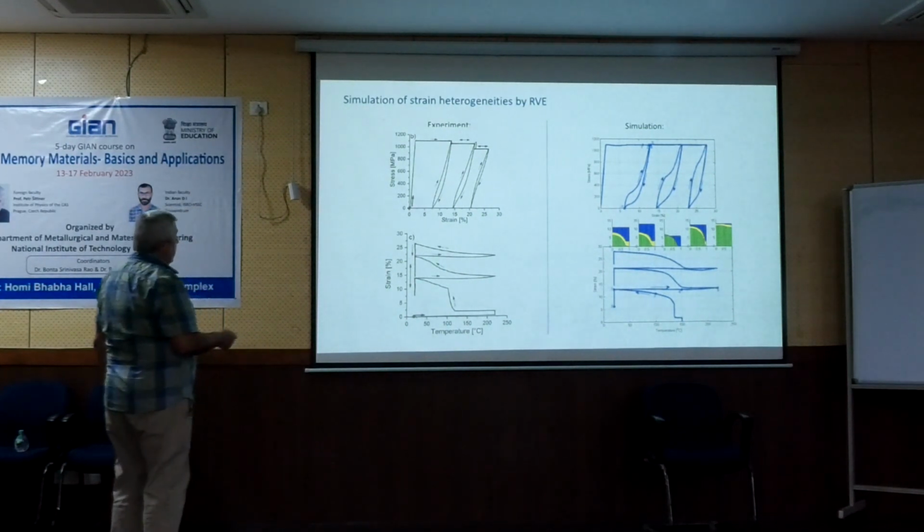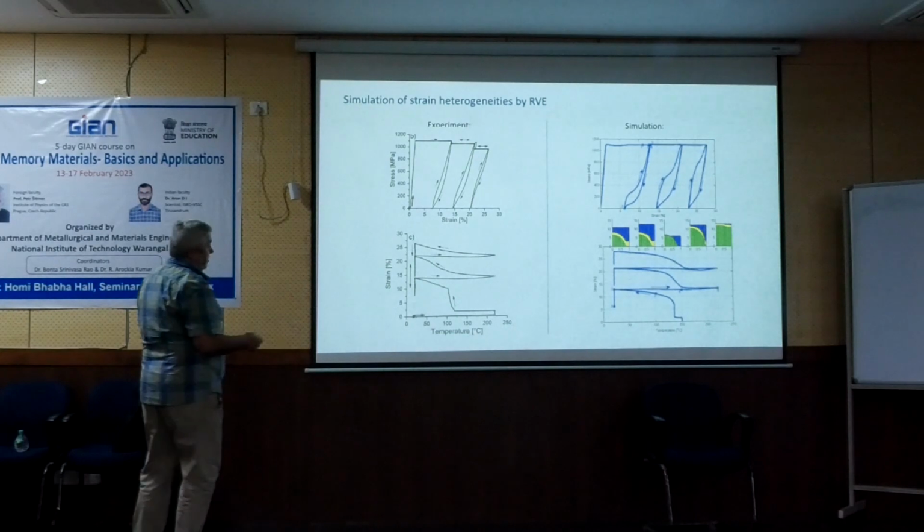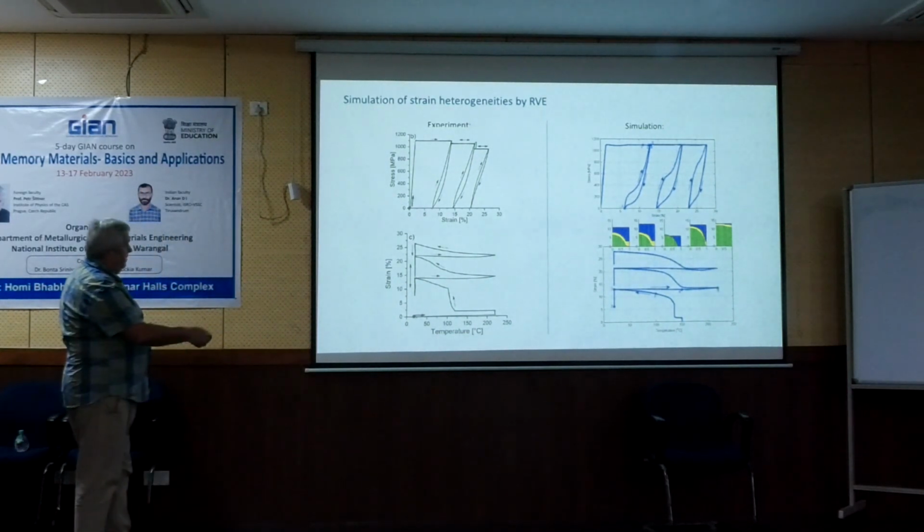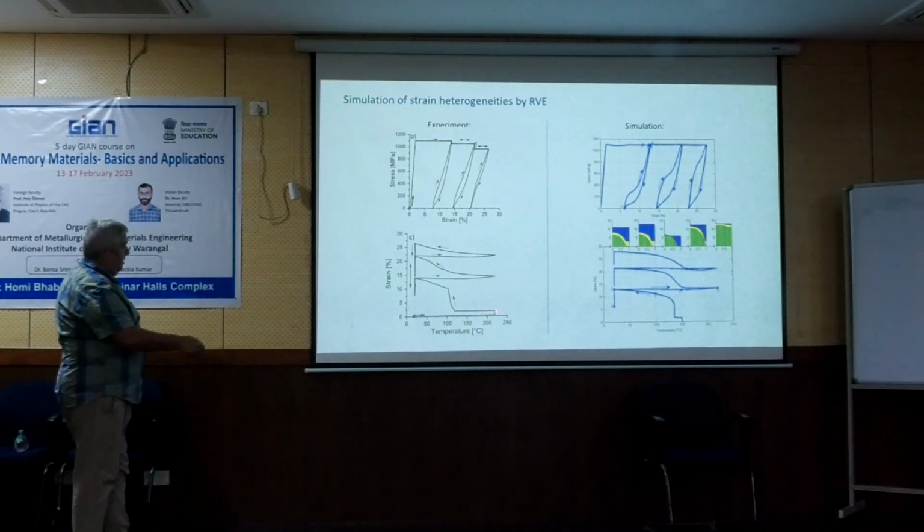Okay, what are the experiments which are behind this? For example, this is shown here. This is temperature, this is strain. We heat the wire into the austenite, then load it by a small force, and then, not small, it's pretty high.